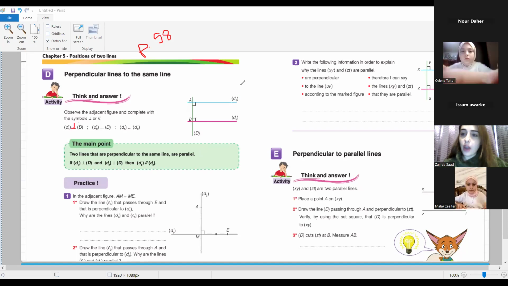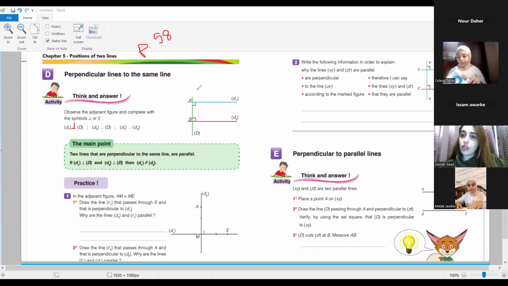Why did you say they are perpendicular? How did you consider that they are perpendicular? Because parallel lines are two lines that are parallel to each other. I know it's perpendicular because... Look at them.